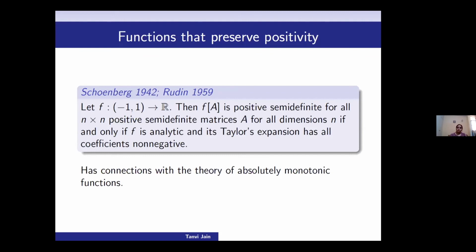As compared to continuous functions or even infinitely differentiable functions, analytic functions make a smaller class. And in that also, we have the restriction that all coefficients should be non-negative. So that becomes very restrictive when we want to look at functions that preserve positivity.